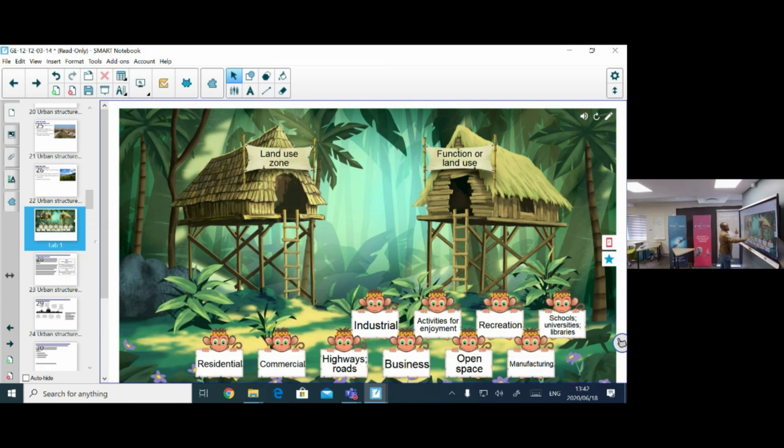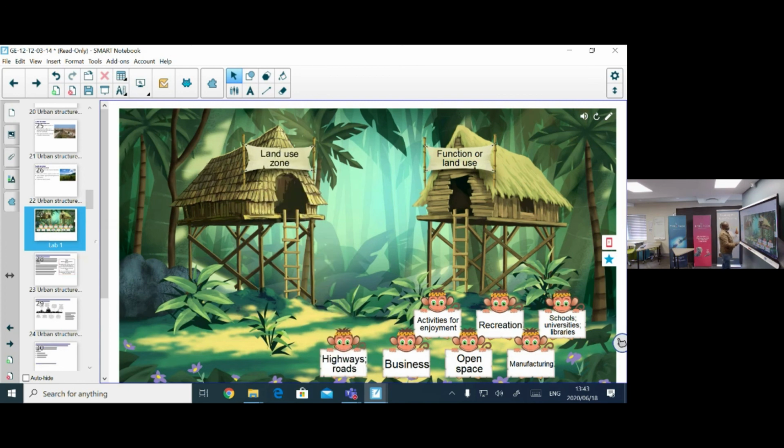Then we do have residential. Industrial. Activities, enjoyment. Residential. Commercial.